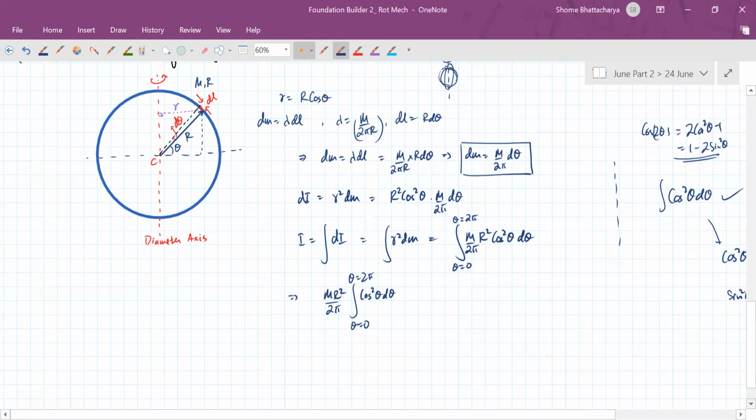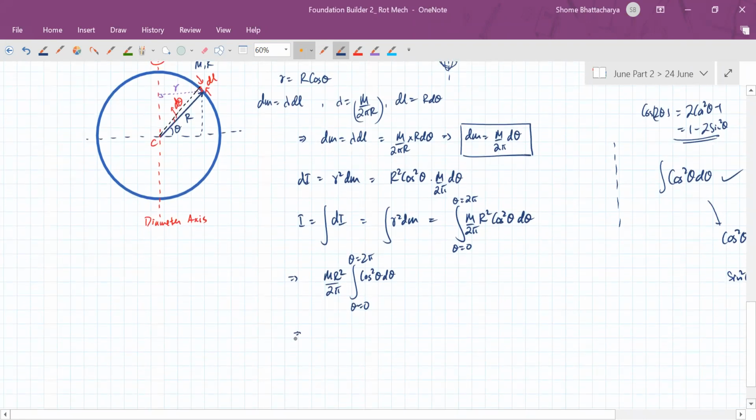Okay, so let's complete the integration here. So we can write this cos square theta as cos 2 theta plus 1, over 2.